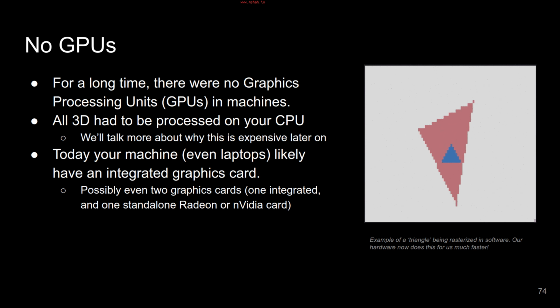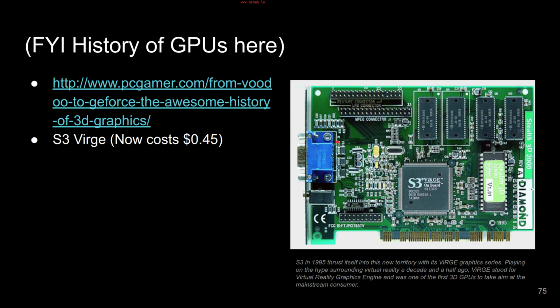It all had to be simulated and run on your CPU. We'll talk a little bit about why this is expensive. Today, even your phones have a graphics card, and even your laptops have a pretty high-powered integrated graphics card. So you always have some processing power dedicated to drawing. What we're going to find out is that it's just drawing lots of triangles.